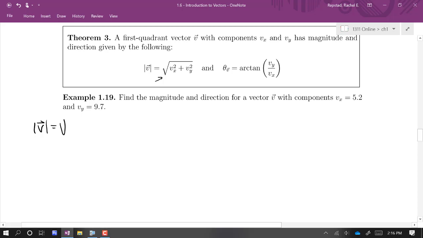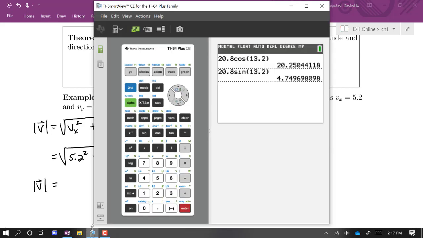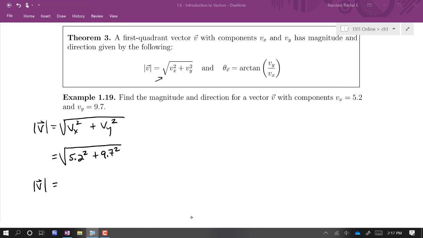So we have the square root of Vx squared plus Vy squared, 5.2 squared plus 9.7 squared. I get 11.005. I guess I'll just call that 11 because it's the same number of significant digits as the components.